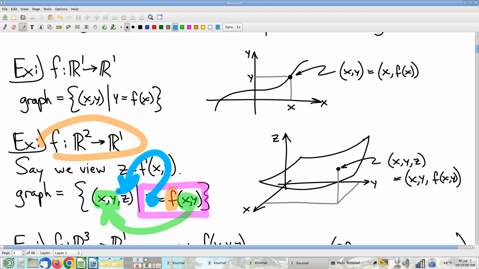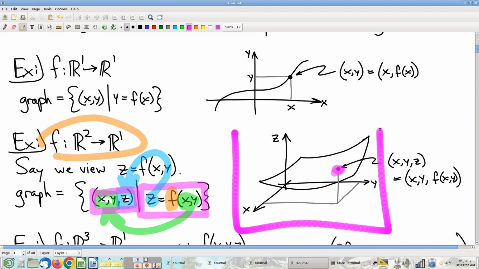I'm going to, again, smash them together in this ultimately pretty unnatural way, taking input variables from one space, the domain, and output variables from a different space, namely the target, and smash them together to make a point x comma y comma z. That's a point in 3 dimensions that is not the domain. It is not the target. We made this up. But we get a point there.